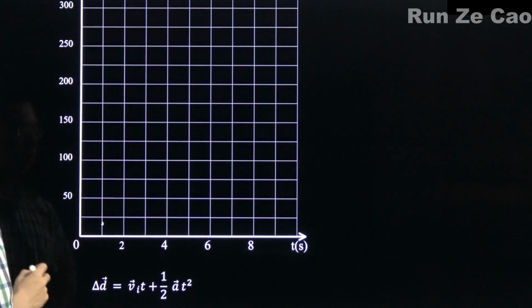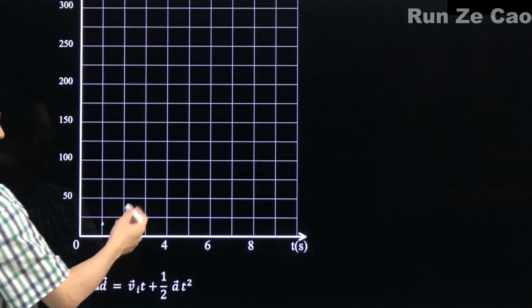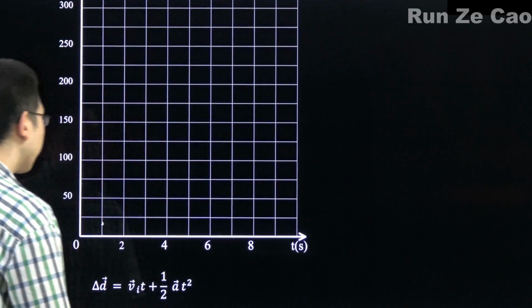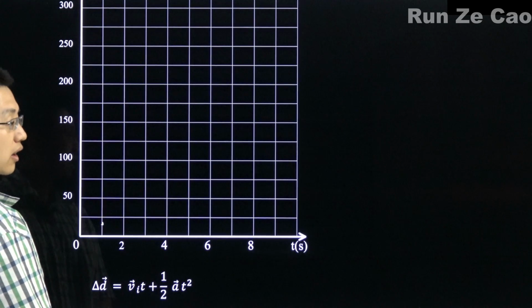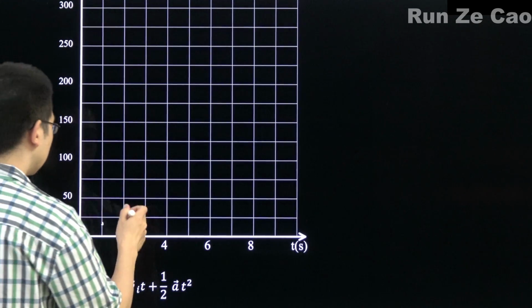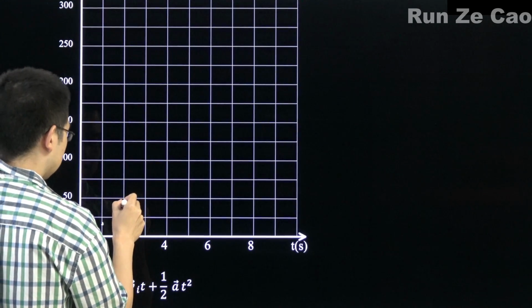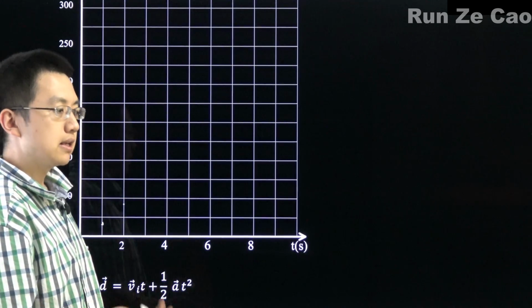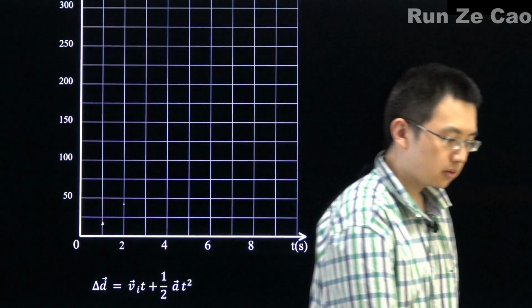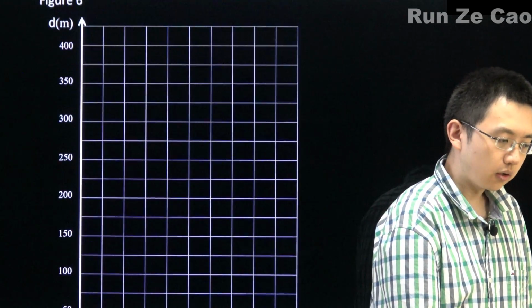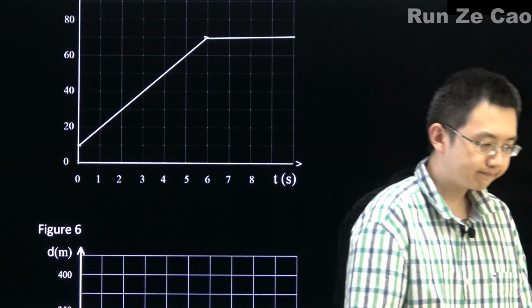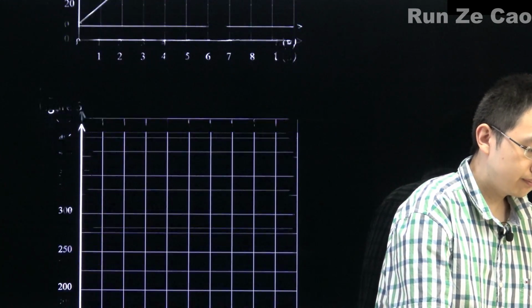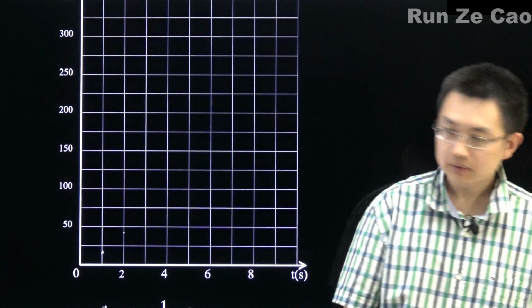Now we start over here at 0, 0, and the next grid, well, instead of 15, we have 25 as our average, so 20 to 30. And that means going to about here. And the next second, we can observe that we go from 30 to 40, which is 35 more.